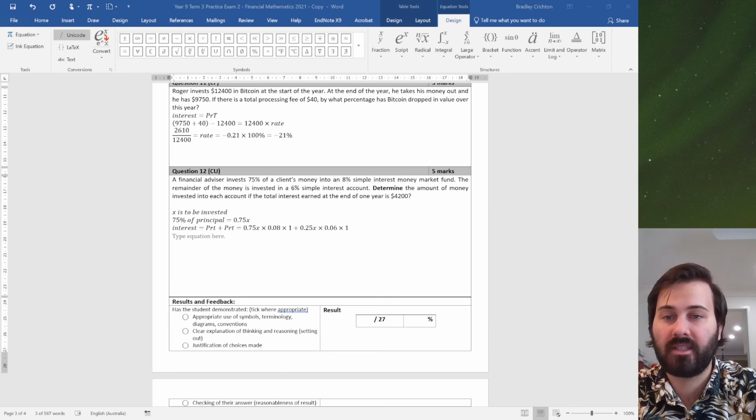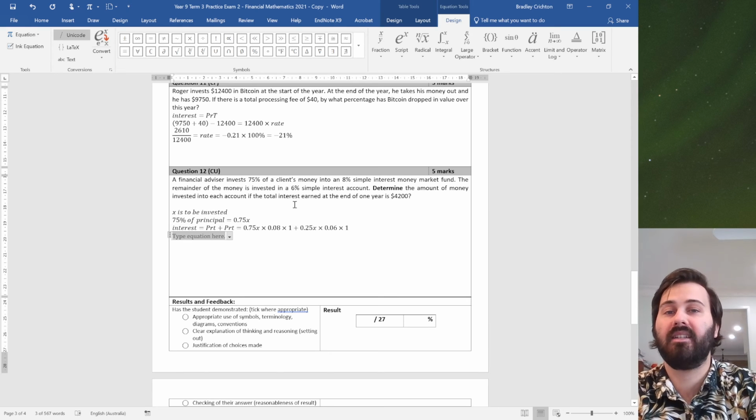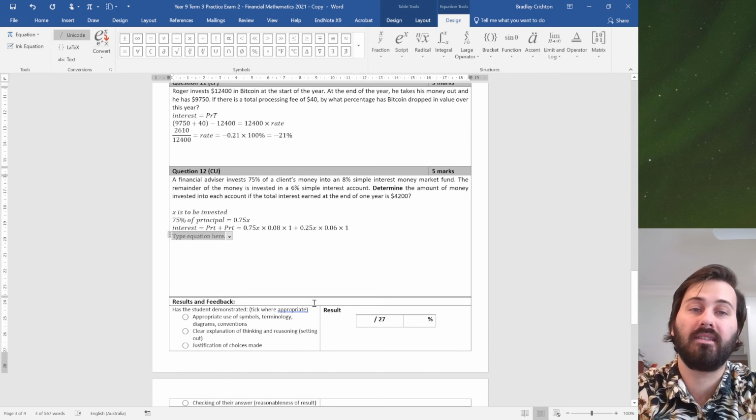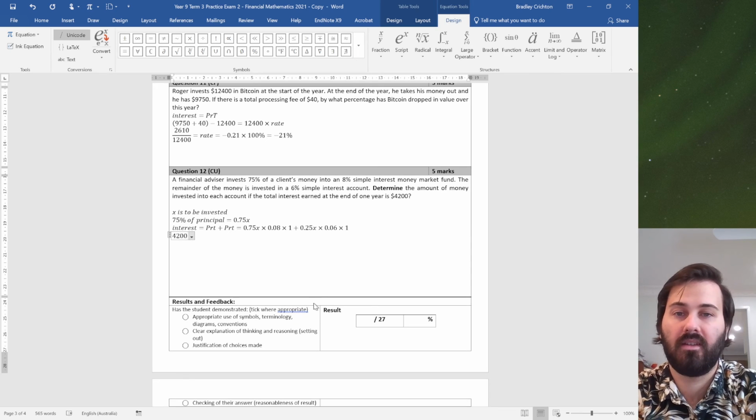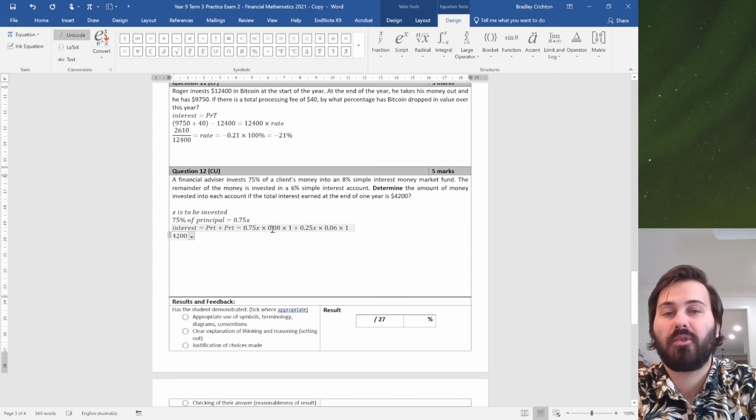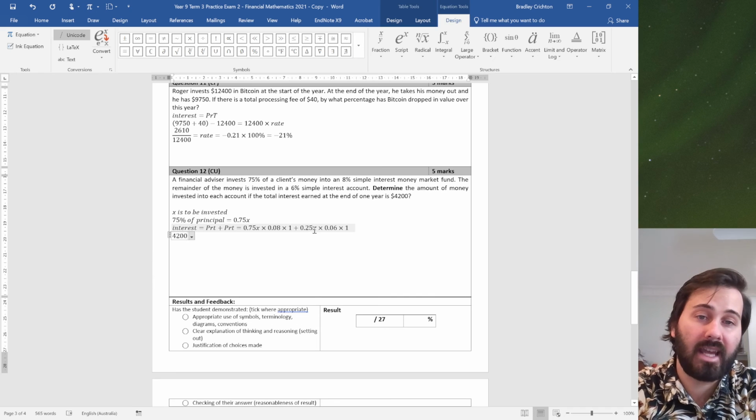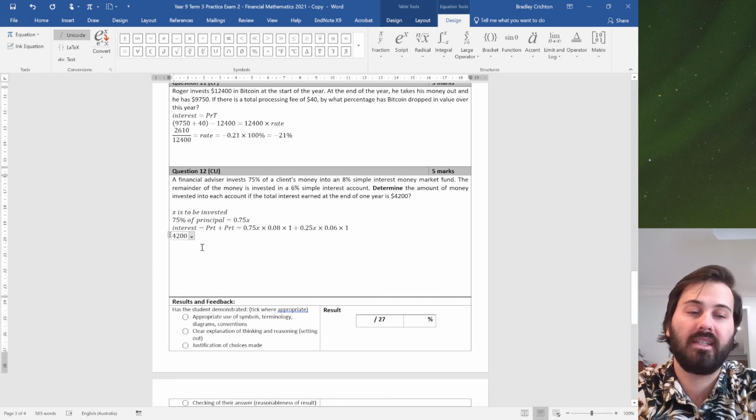So our interest, now at the end, it says here the interest earned is 4,200. And because our pronumerals are both x, we can essentially add these numbers together.